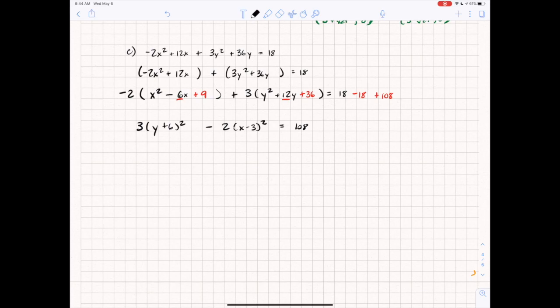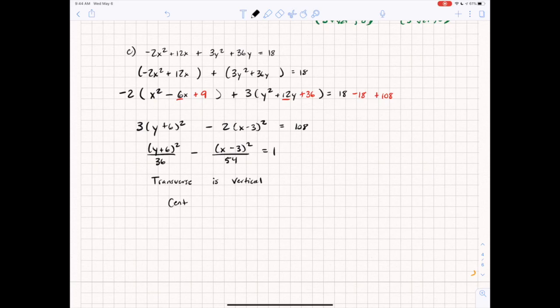And so I would encourage you to list the positive one first. Now, dividing by 108, this will get me to my final graphing form. 3 over 108 simplifies down to 36 on the bottom. And then this would come down to x minus 3 squared. This would be 54. This would all be equal to 1. So here's my graphing form. So then the transverse axis in this problem is going to be vertical.